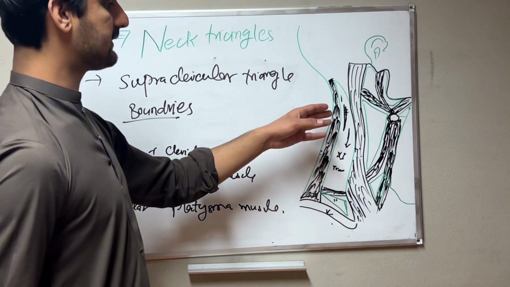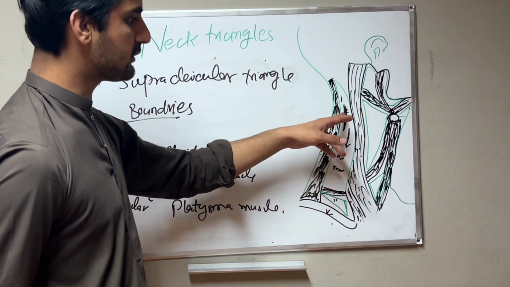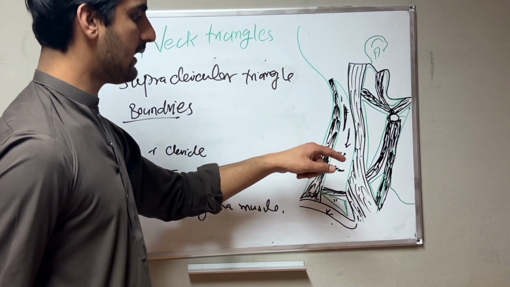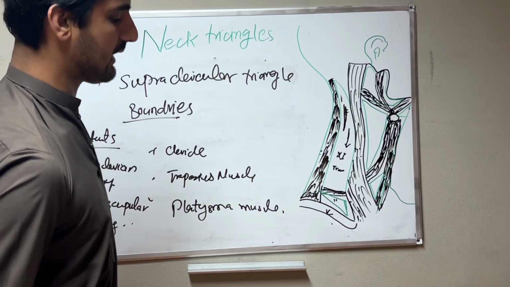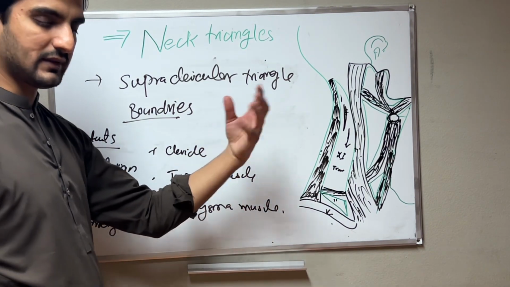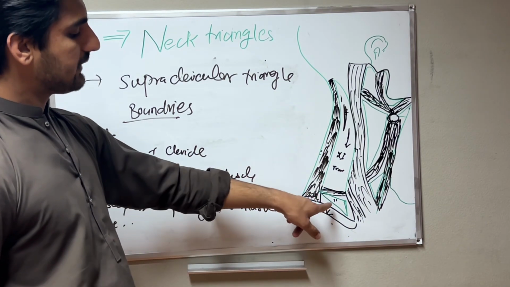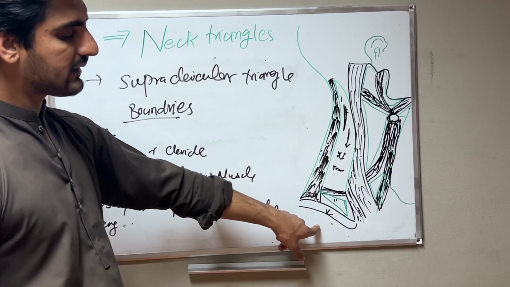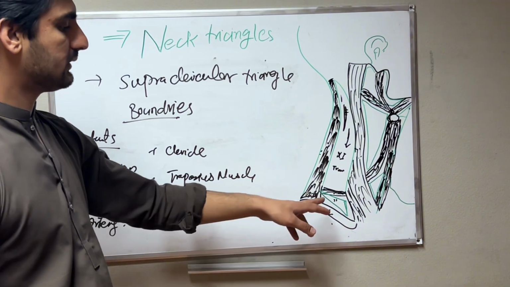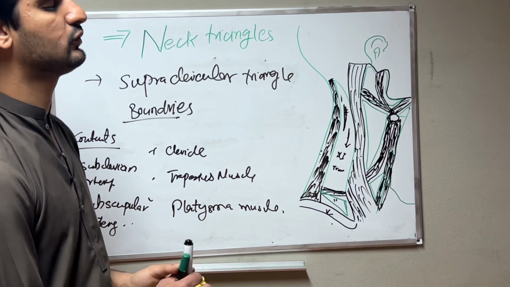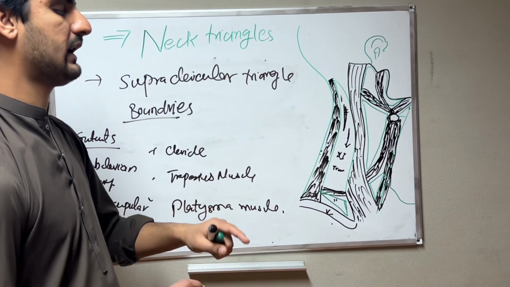We already discussed the occipital triangle's boundaries, and the contents: external jugular vein, accessory nerve (cranial nerve 11), and the transverse cervical artery, which is a branch of the common carotid artery. Then in the supraclavicular triangle, two main vessels pass, which we already discussed: the subclavian artery and the subscapular artery. These are the posterior triangles.